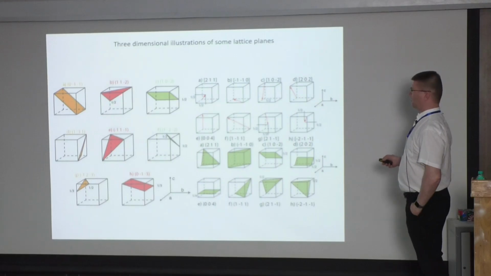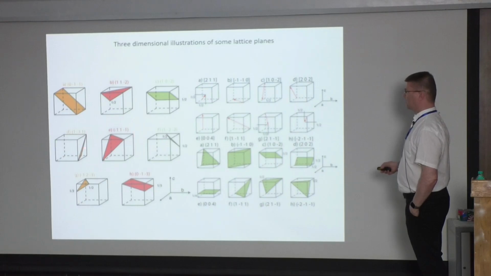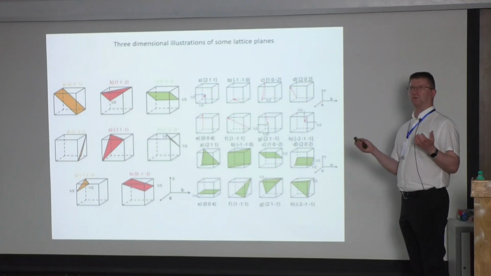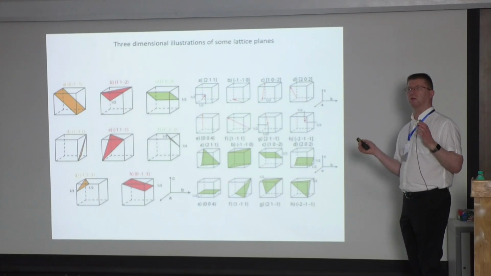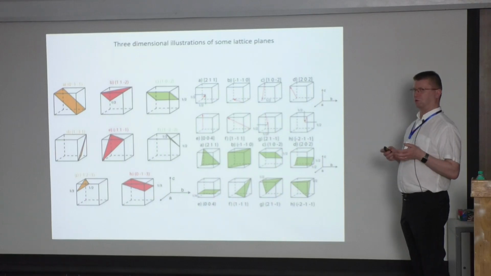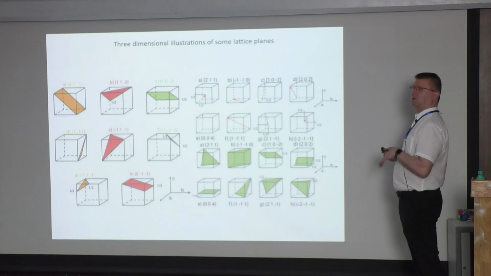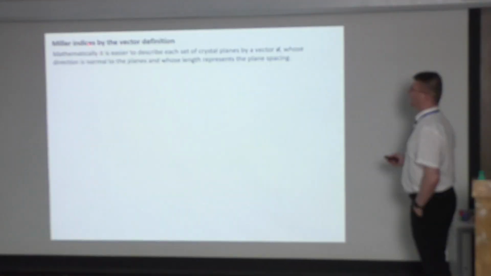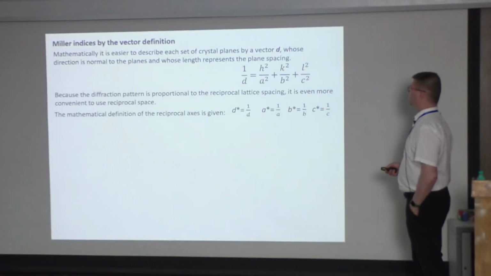So this kind of a thing, that kind of a thing, this kind of a thing, this is also a plane, that kind of a thing. So you can see that we have nearly indefinite possibilities for this. But this is not true. We can do this, but there is a practical limit. And we will soon see what the practical limit is. So we can also define the Miller index by the vector definition.